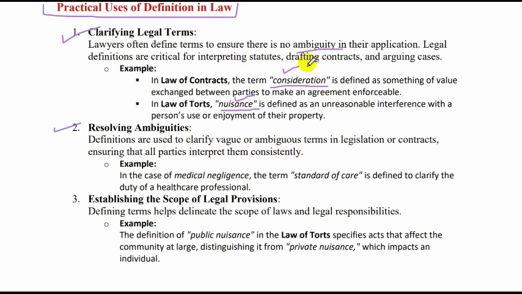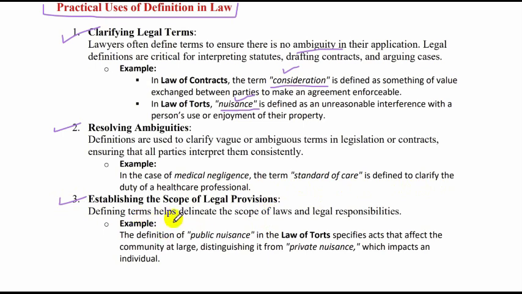The first criterion is that there should be no ambiguity. Second, even if there is, it is further clarified. For example, in the case of medical negligence, the term standard of care is defined to clarify the duty of a healthcare professional.